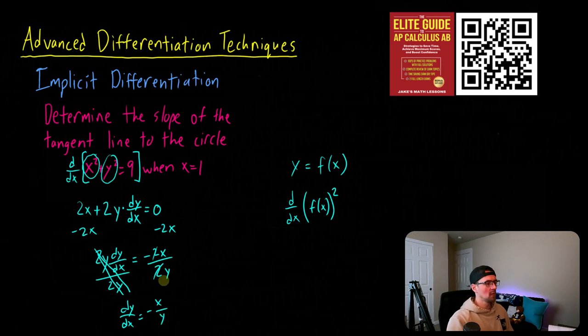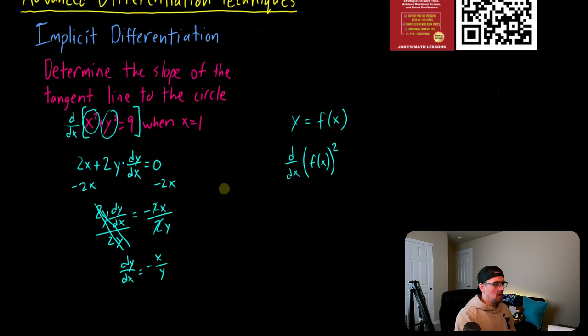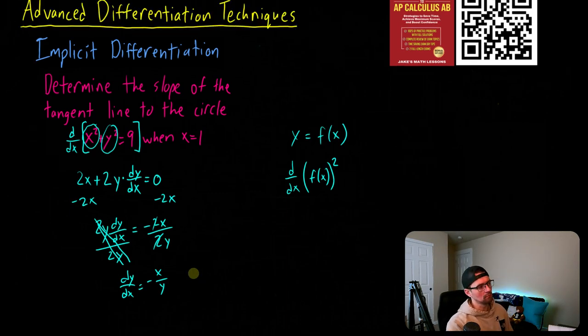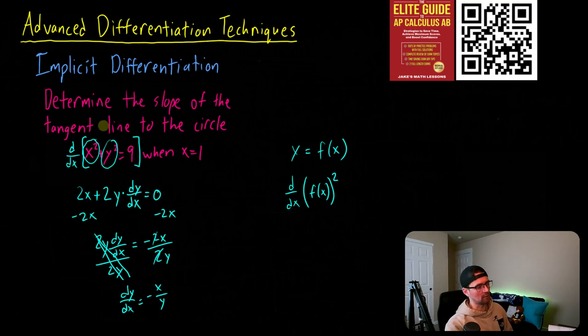Okay? So then what we want to do is, well, keep in mind, let's actually go back to the problem. The problem asks us to find the slope of the tangent line to the circle. Well, the slope of the tangent line of the circle is just the rate of change of your output, your rise, over your run, the rate of change of your input.